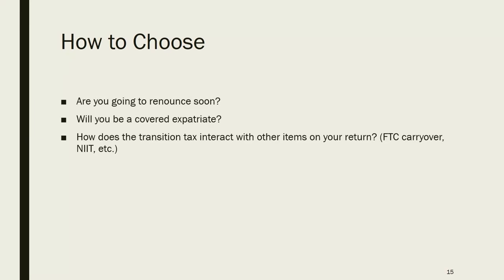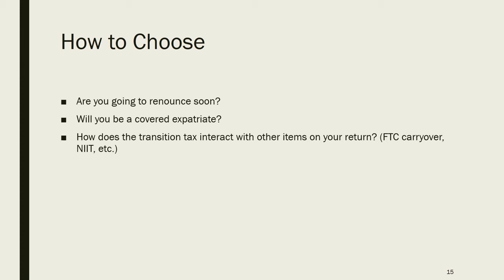Okay, so how do you choose? Which of these are you going to do? The considerations: are you going to renounce? Are you going to do it soon? Because if you're going to renounce soon, then future U.S. tax may not be an issue. And if you're a covered expatriate, then the basis may be a big issue for you because it may change the amount of the exit tax you might have to pay. Yes, precisely because it's a deemed capital gain, probably.